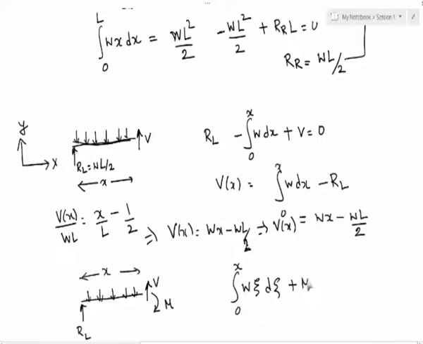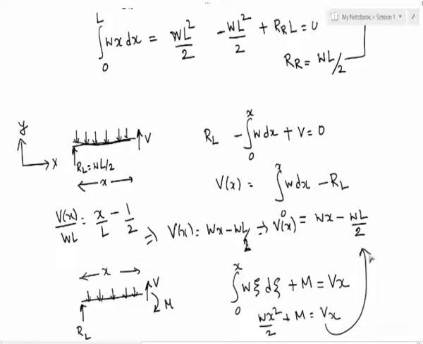As per our convention, bending moment is also in the same direction, but V is going to induce the opposite direction. The moment due to V will be in the opposite direction as per our picture. So when we take this into account, W is constant, so you will get W x square by 2 plus M equal to V x, and then you have to replace the value of V which you have already calculated from here.